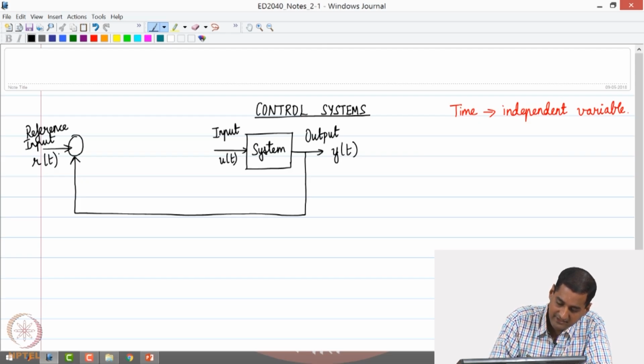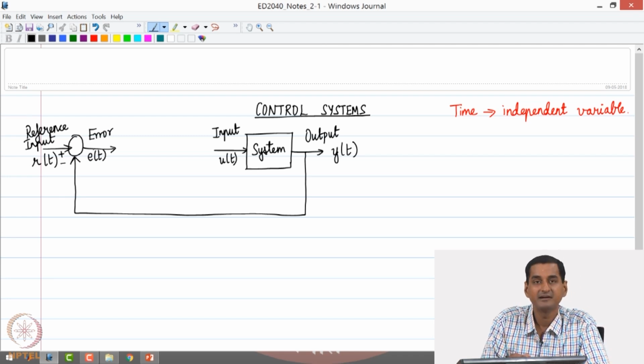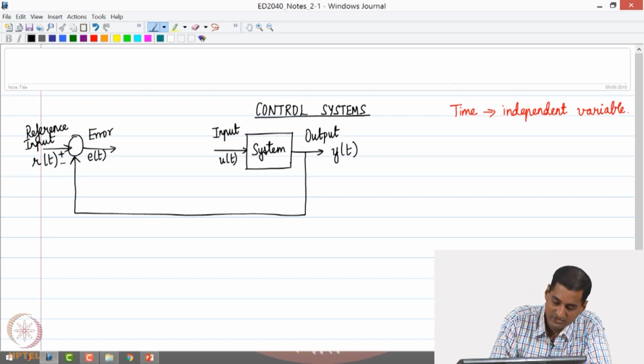and compare the value of the output with that of the reference input, we get an error e of t. The error is the difference between the desired value of the output and the actual output that we are obtaining at each and every instant of time.